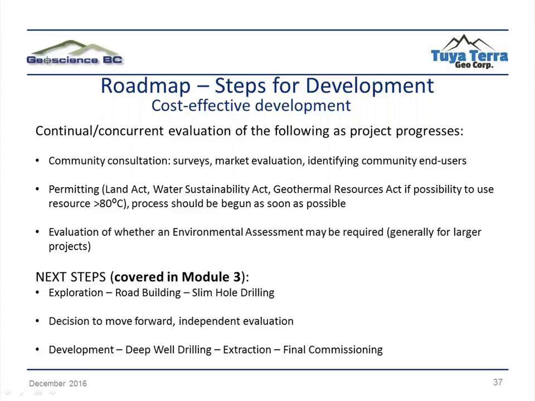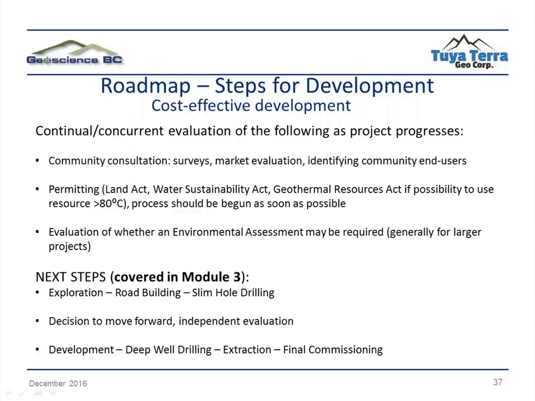The next steps after this would be to go through the detailed exploration that we've already covered in Module 3: the road building, for example, the slim hole drilling, the decision to move forward, independent evaluation, and then the more expensive development aspects such as deep well drilling, the casing of the wells, the extraction and final commissioning of the plants.